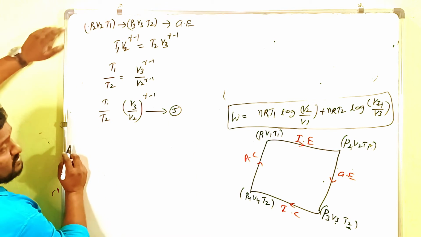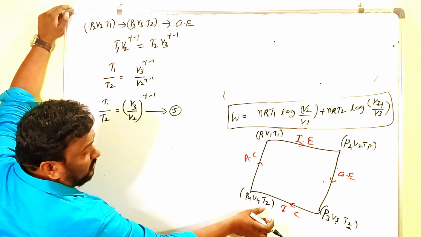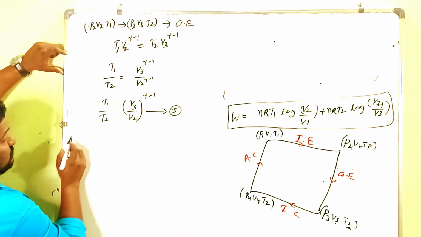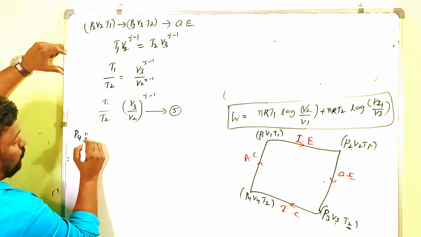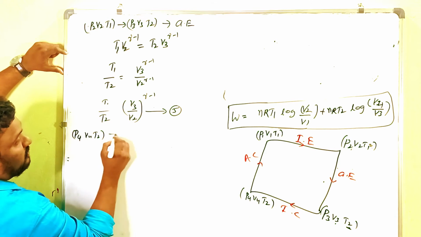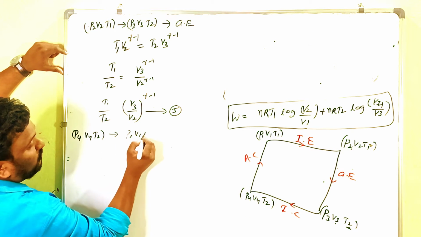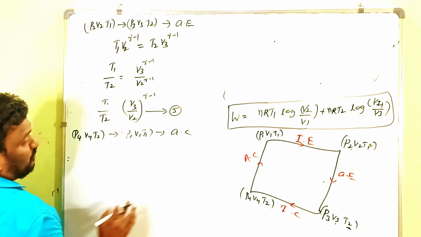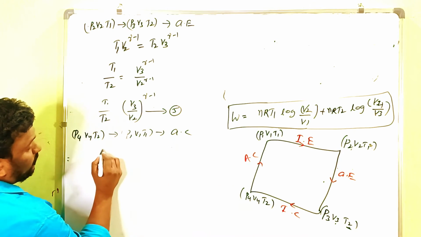Now similarly here, P4 V4 T2 to P1 V1 T1, that is what? Adiabatic compression, nothing but an adiabatic process. Then what we write here?